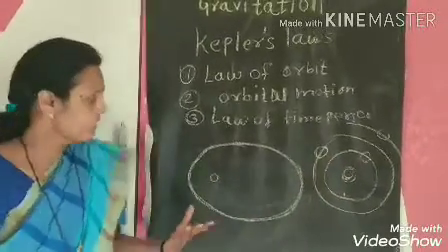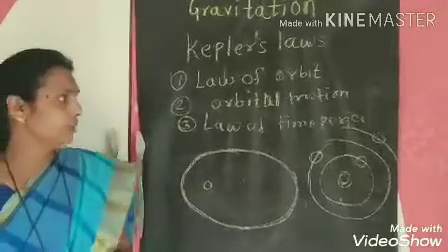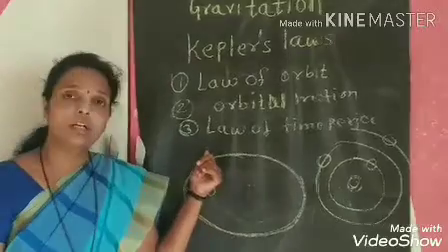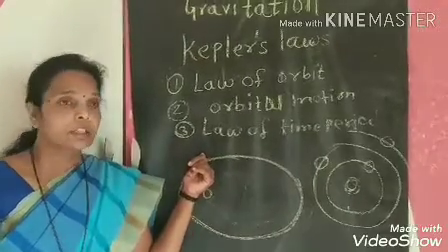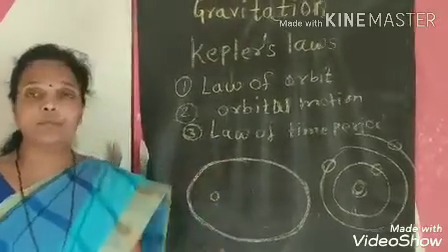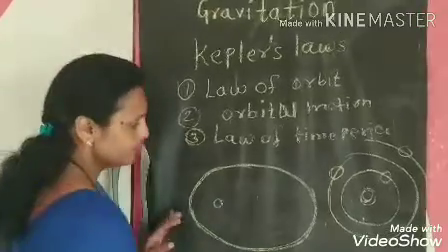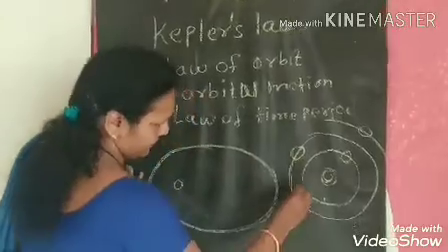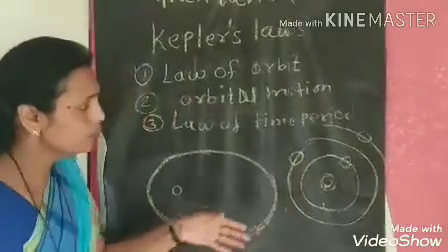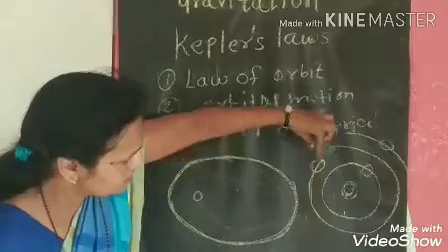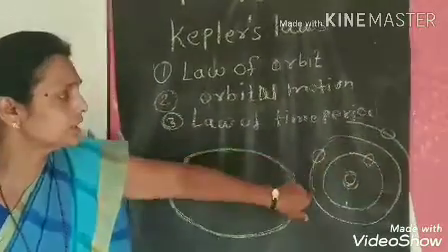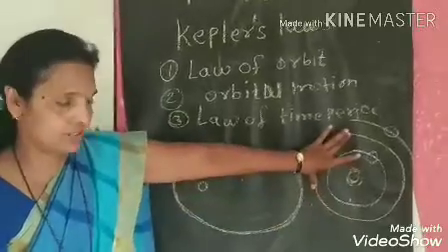So how can we write the law of time period? According to the third law of Kepler, the square of the period of revolution. Period of revolution, whenever the planet moves around the sun, that is one revolution.